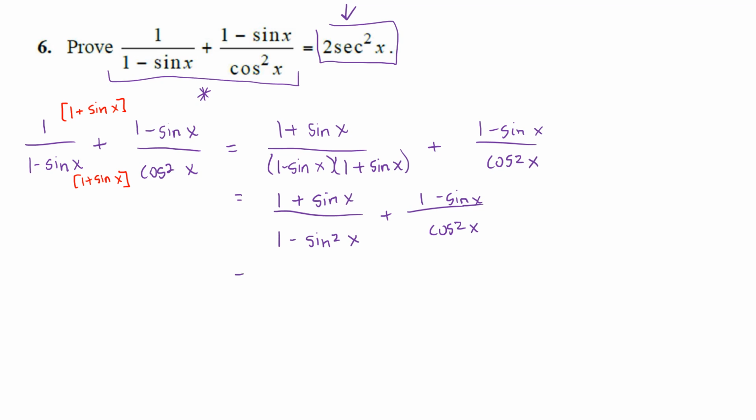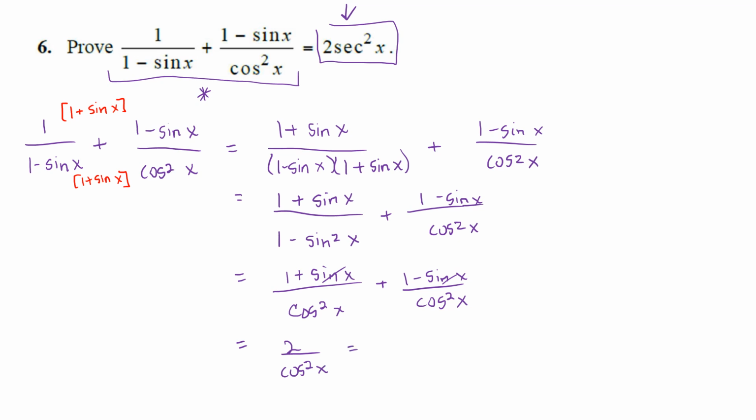Now 1 minus sine squared x is equivalent to cosine squared x. So now my denominators have the same name, cosine squared x. Since they have the same name, I can combine their numerators. So I'll have 2, and then the sine x and the negative sine x cancel over cosine squared x.